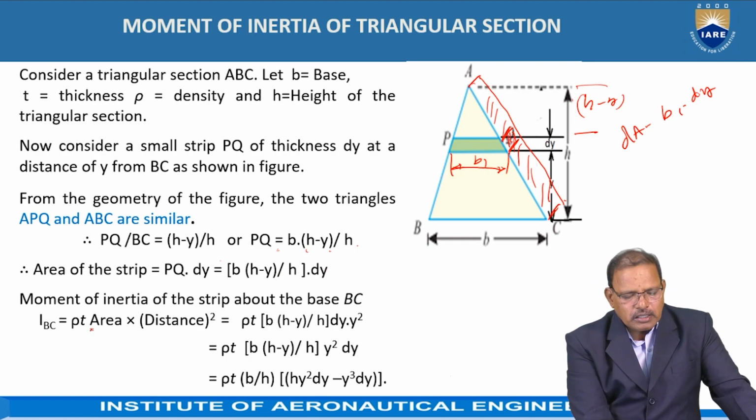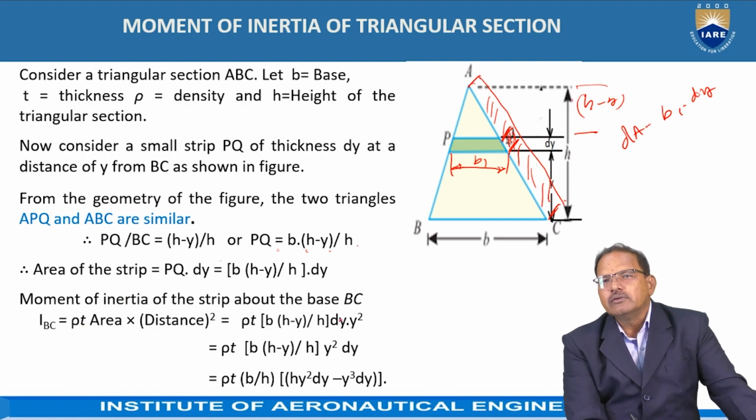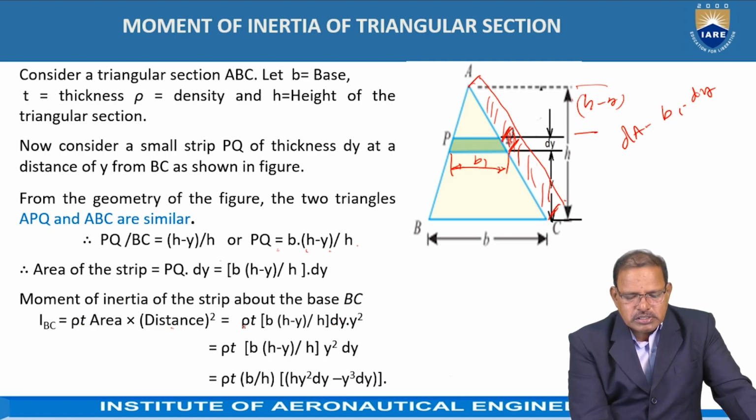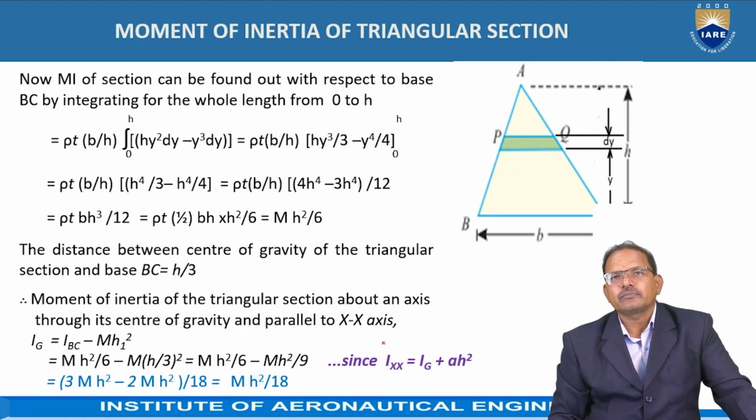When we multiply by thickness, it gives the volume. Multiplying by density gives the mass of the body. The square of the distance is y square. That is rho T B into (H minus y) by H dy y square. On simplification we get rho T B by H into (H y square dy minus y cube dy).